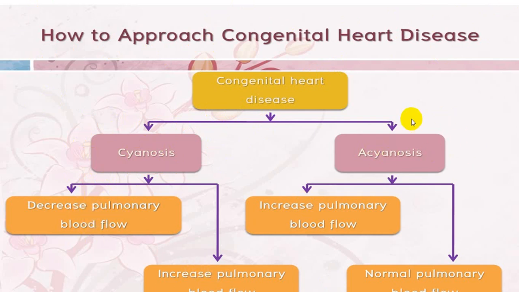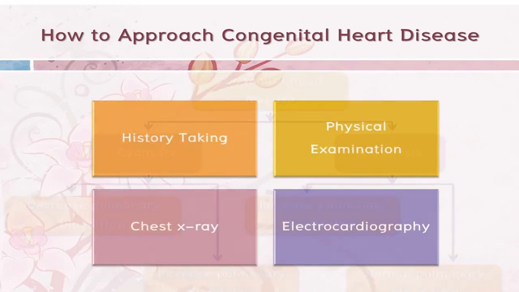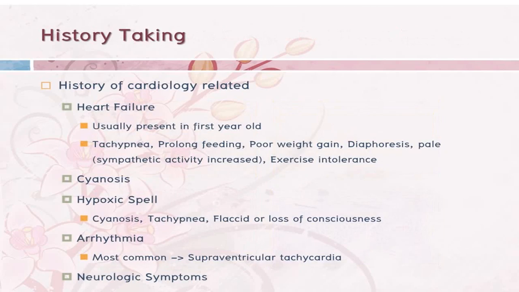Same way, if a child is acyanotic, there is a murmur. It is either because of increased blood flow or decreased blood flow, or we call it normal blood flow. You always utilize that particular clinical finding, and then you take a very good history. You examine the child, you get an X-ray, you do an echo, you do an electrocardiogram, etc.